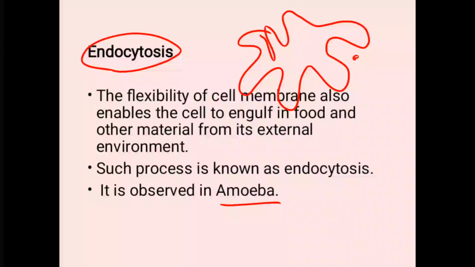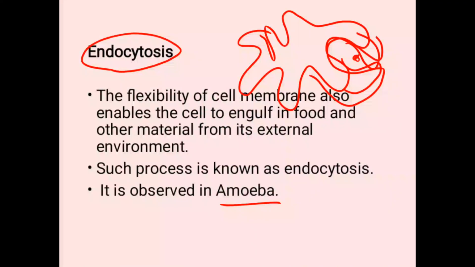If it senses the food, the pseudopodium will encircle and capture that food with the help of this plasma membrane. So endocytosis refers to the food which enters that organism or is captured by that organism. That is called endocytosis. Engulfing is nothing but capturing.